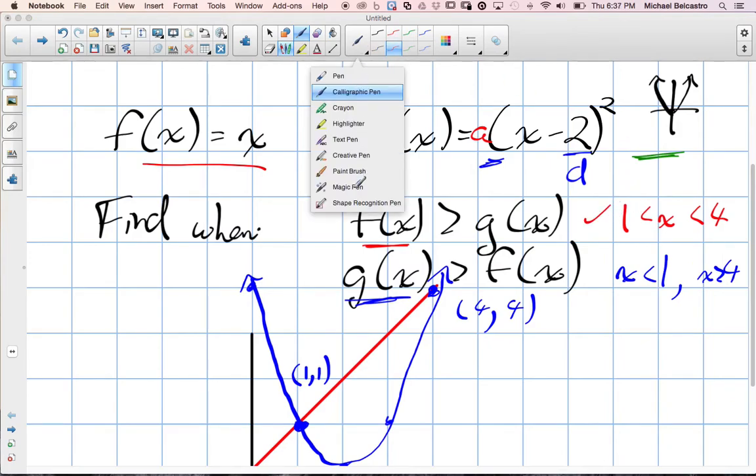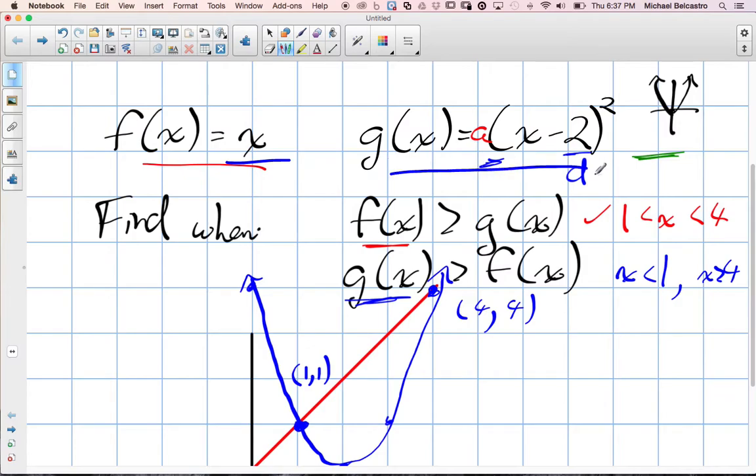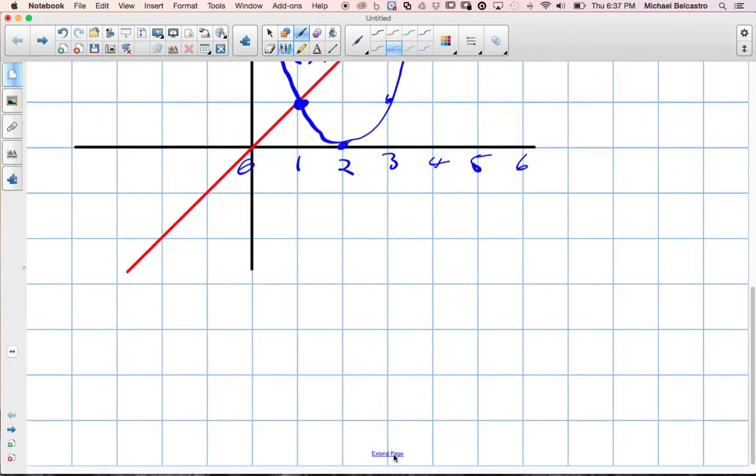Another way we can go about doing this is to subtract the functions from each other. The order we subtract in will determine which of the two we're solving. Since we've called them f at x and g at x, if I decide to subtract f at x minus g at x, this would create a new function, which we'll call h at x.